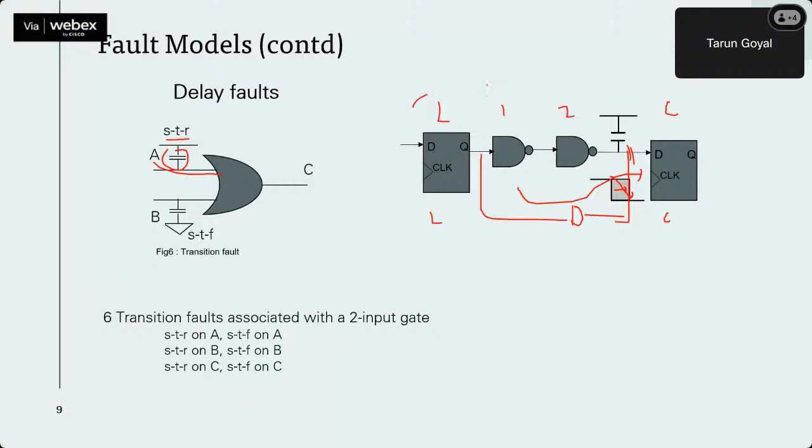So this is the transition we want to cover, and we are giving the specific path. I'm looking for this path to be covered, with the transition launching from here, and that model becomes the path delay model. Again it's the same, two inputs and one output, and three faults slow to rise and three faults slow to fall on the A, B and C. So these are the delay faults which we have.